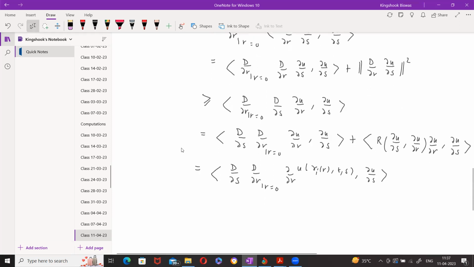Whereas in this second term, I can interchange del u del r and del u del s, and then I pick up a minus sign. This becomes minus the curvature of del u del r, del u del s, del u del r, del u del s. All right.